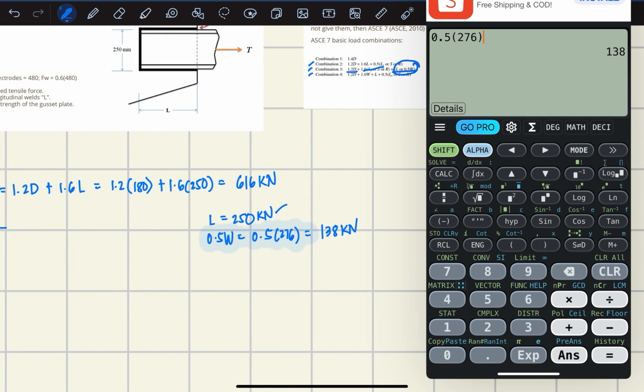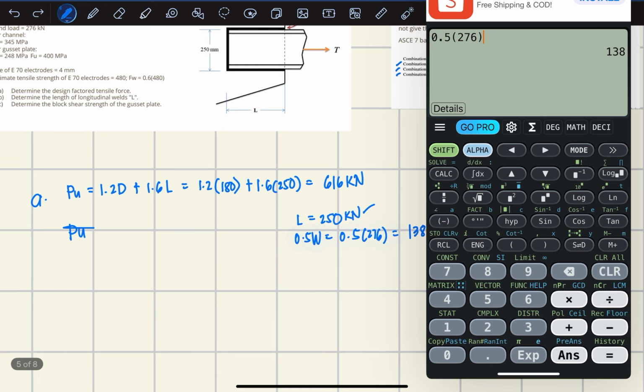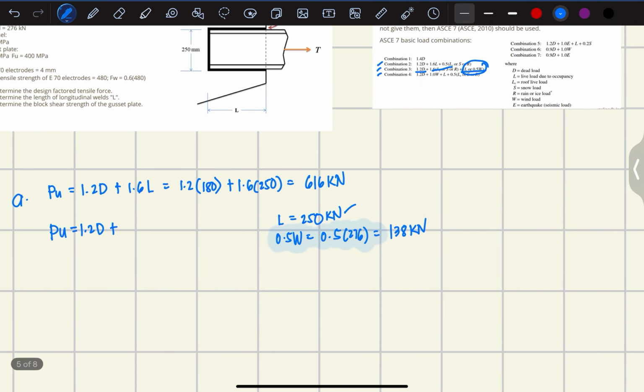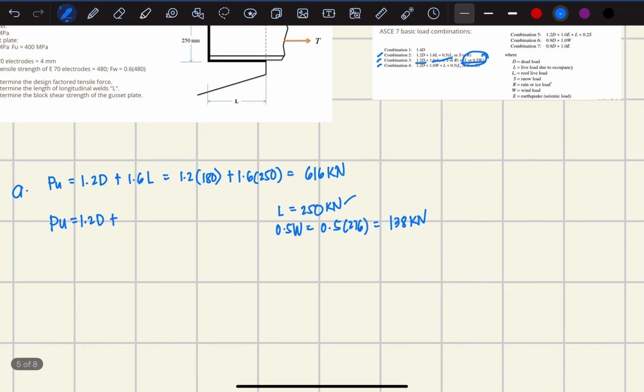So, yung Pu dyan is equal to 1.2 D plus, wala naman kasi tayong 1.6 na roof live load, so neglect nyo na lang yan. Live load lang na 250.